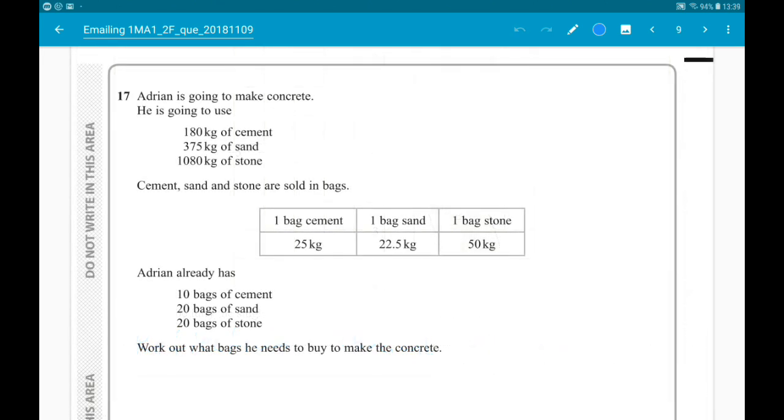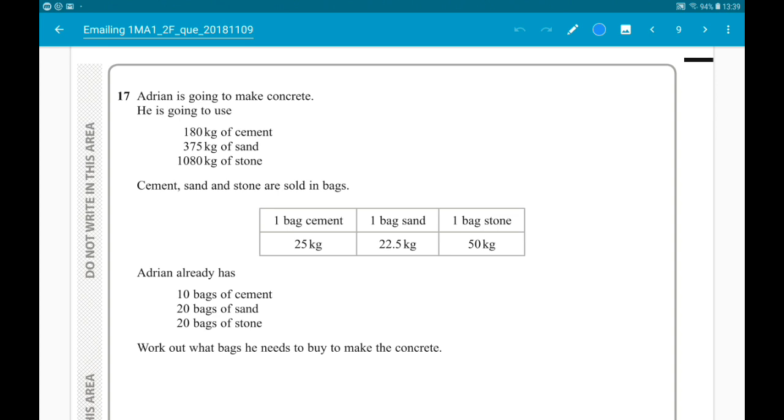In number 17, Adrian is going to make concrete. He is going to use 108 kilograms of cement, 375 kilograms of sand, 1008 kilograms of stone. Cement, sand and stone are sold in bags.